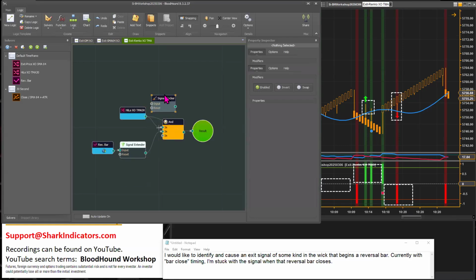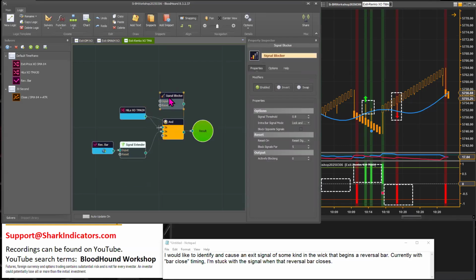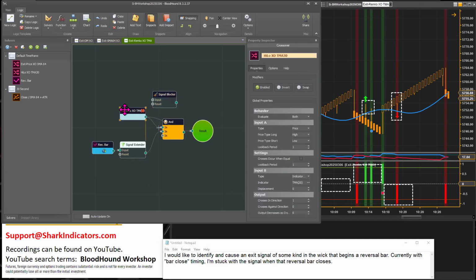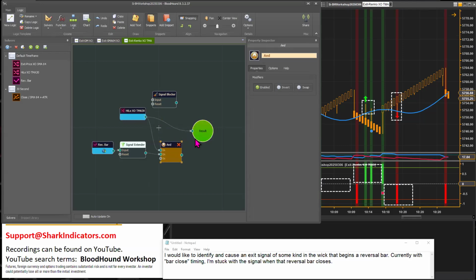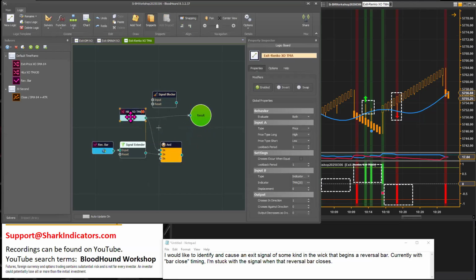Okay. So let me give an explanation of why the signal blocker doesn't work here. What we're seeing on the chart is just the core exit signals there.